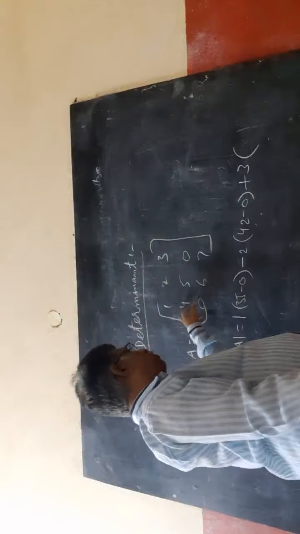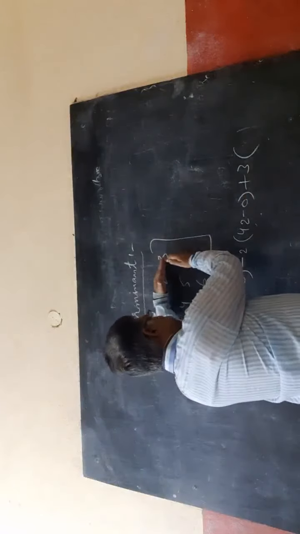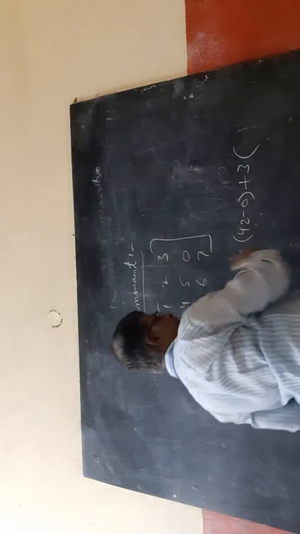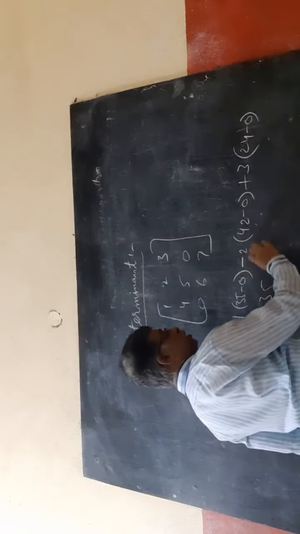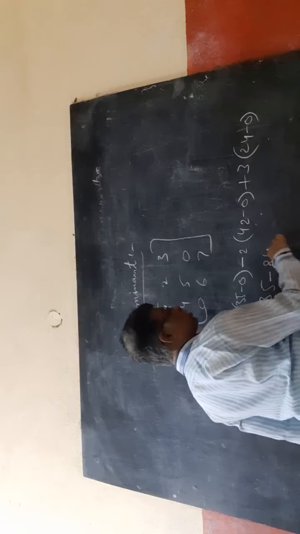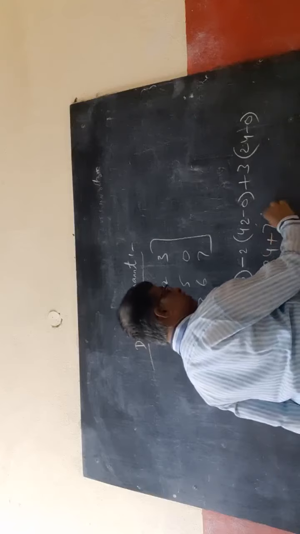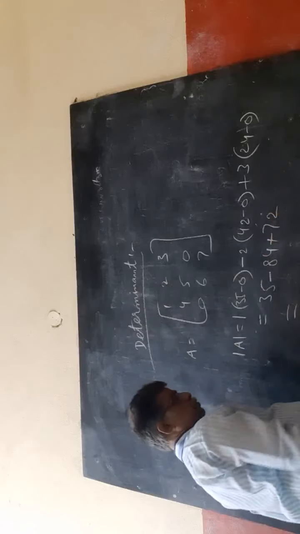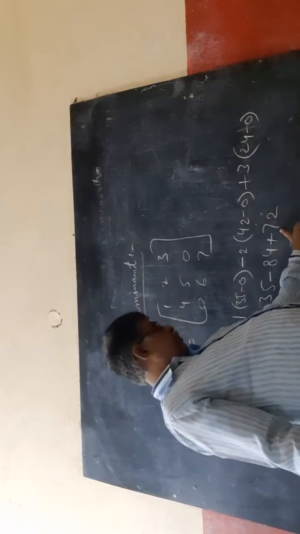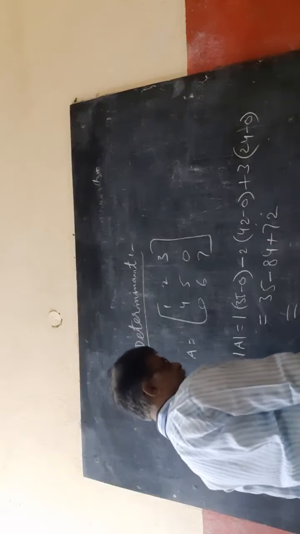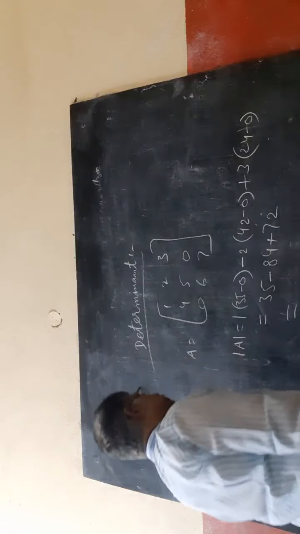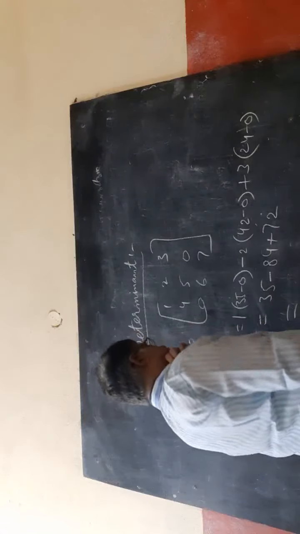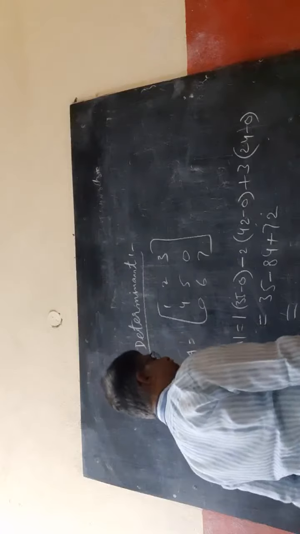Plus 3 into, excluding this row, this column, 4 into 6, 24, minus 0. So det A is 35 minus 84 plus 70, so 105 minus 84, which gives you 21.